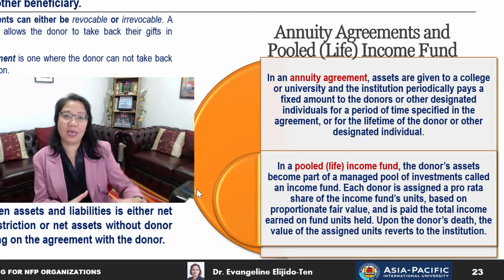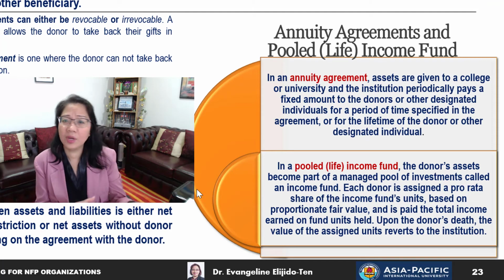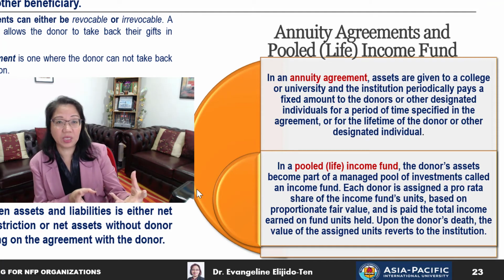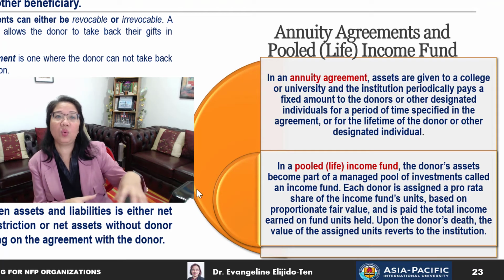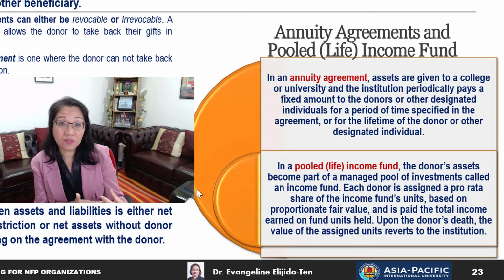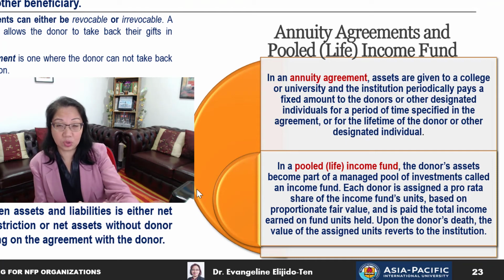So, in the case of, say, the building that I have donated, there might be payments that I would expect, because whilst the university will have the use of the building, I will also want to receive, that's why it's called split interest, some benefit from this asset that I have donated to the university.